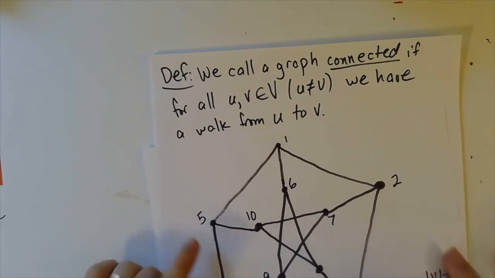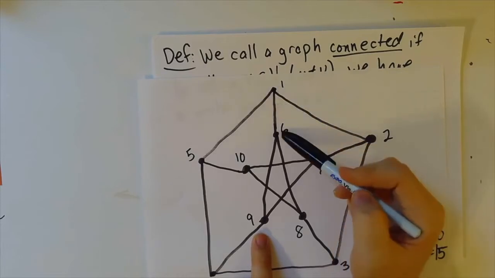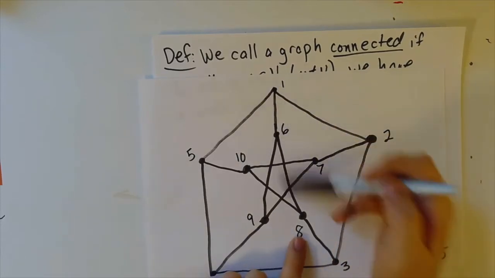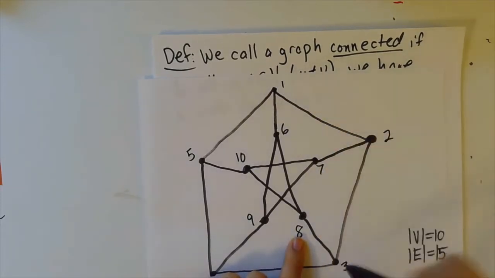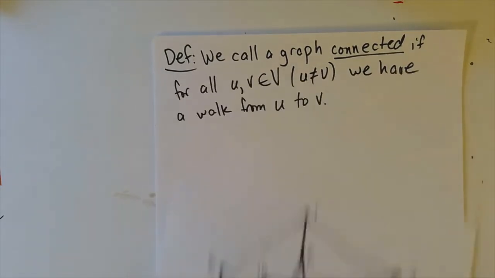So, for example, I chose 1 and 9. In my Petersen graph, I can go from 1 to 6 to 9. Or if I picked 1 and 3, I could go from 1 to 2 to 3, or 1 to 6 to 8 to 3. And so, in fact, just about every graph we've written down so far is connected.